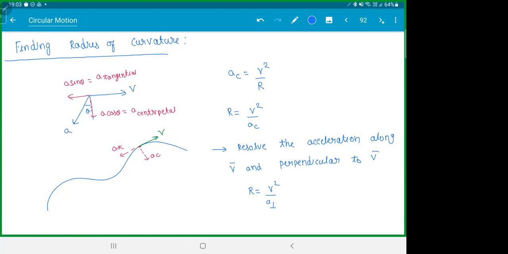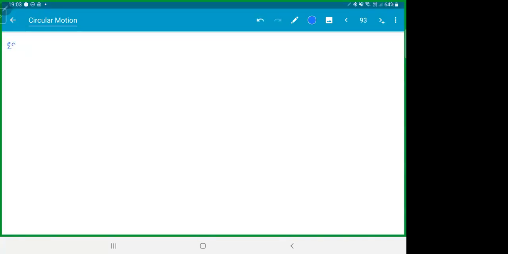But please check this out. Example, let me show you a question. A particle is projected with u and theta.